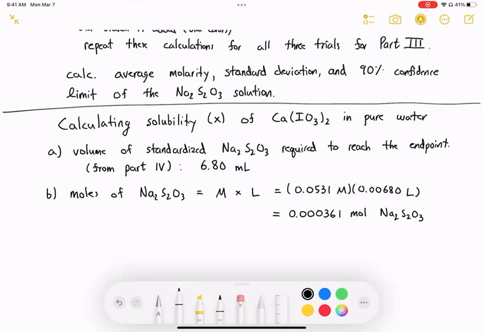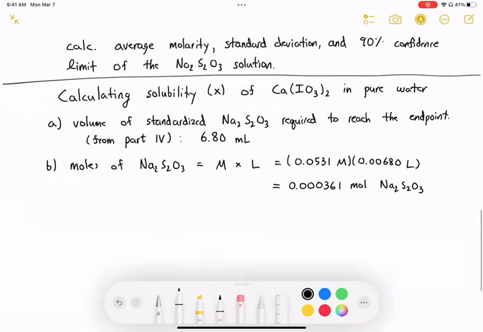Okay, so now we found our moles of the sodium thiosulfate. Now we need to backtrack and calculate the moles of iodate in solution. So C, we want to back calculate and use the balanced chemical reaction to find the moles of iodate in solution. So what we do first is look at the balanced chemical equation.